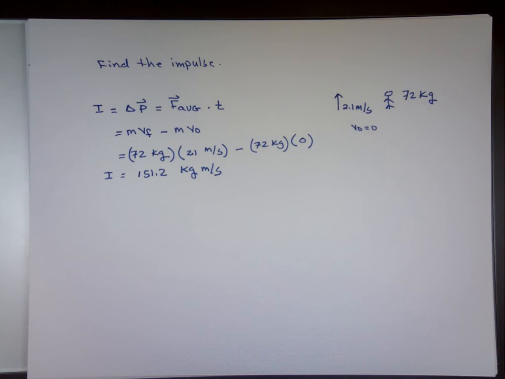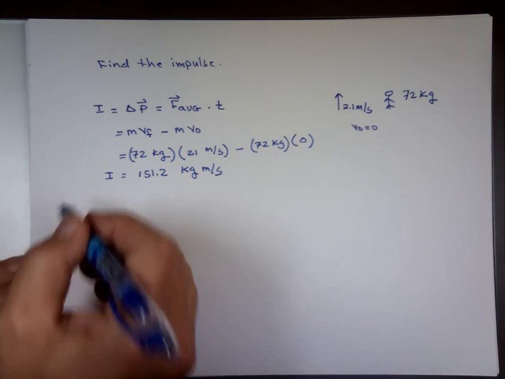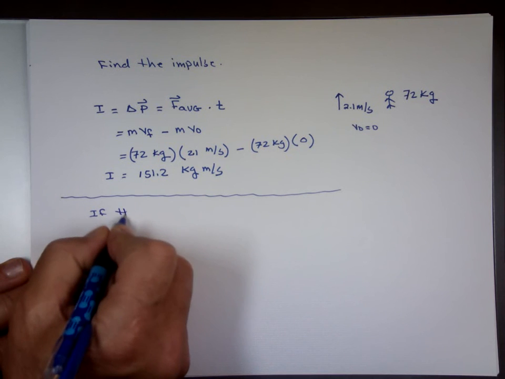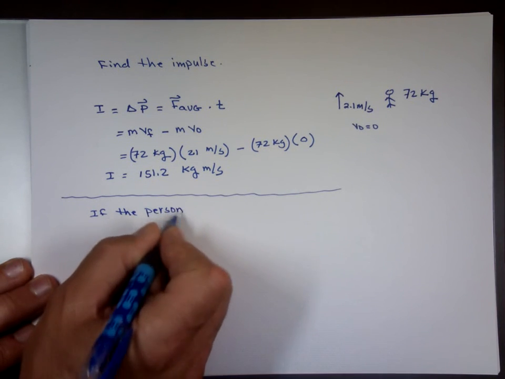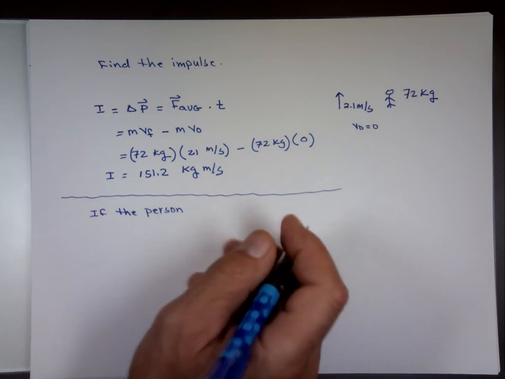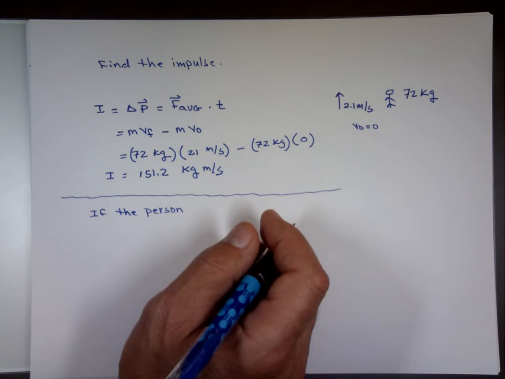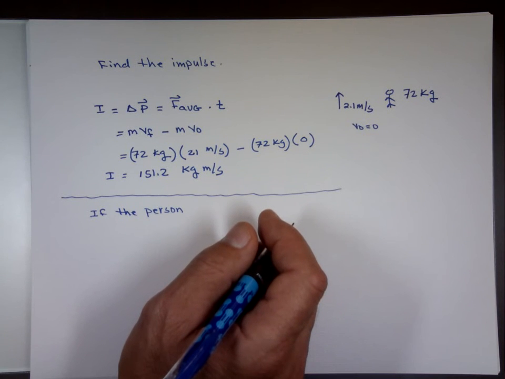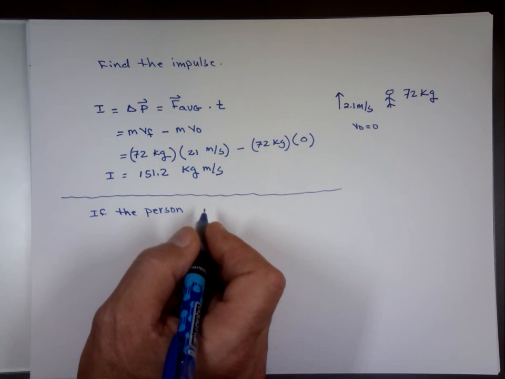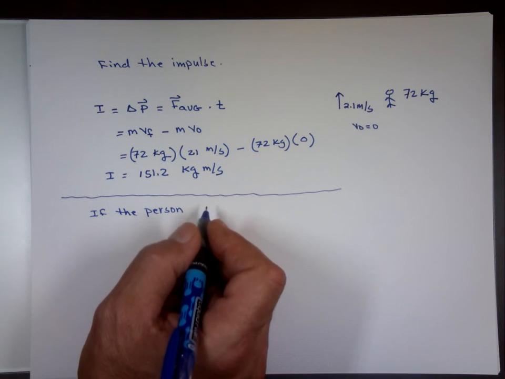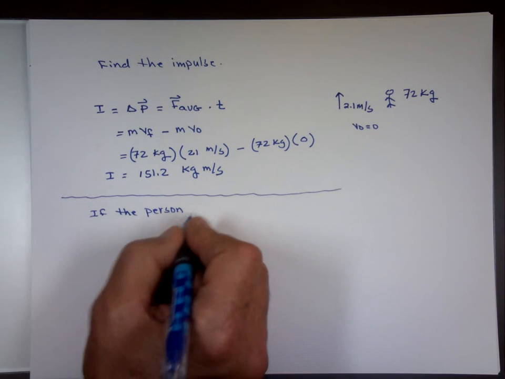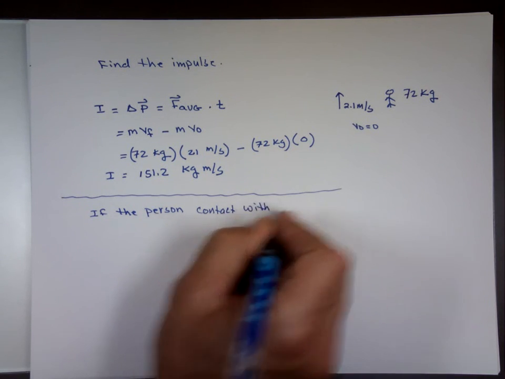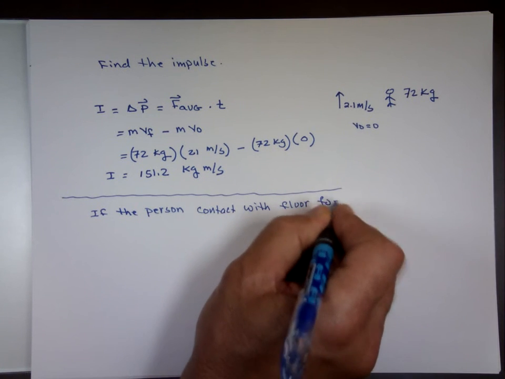Let me change the story a little bit here. Now, if the person bent their knees and pushed upward, they made contact with the ground for, I don't know, pick a number, 0.3 seconds before they jump.